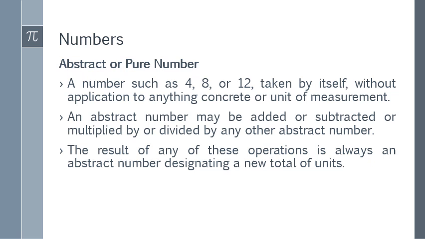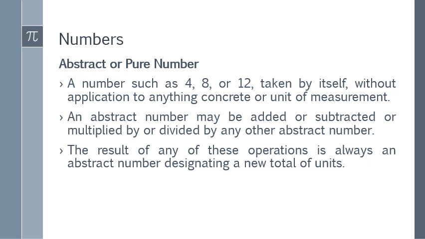The property of abstract or pure numbers is that they can be added, subtracted, multiplied, or divided by any other abstract number. The result of any of these operations is always an abstract number designating a new total number of units.